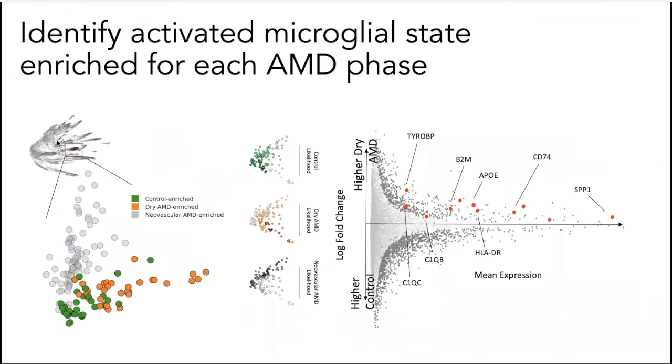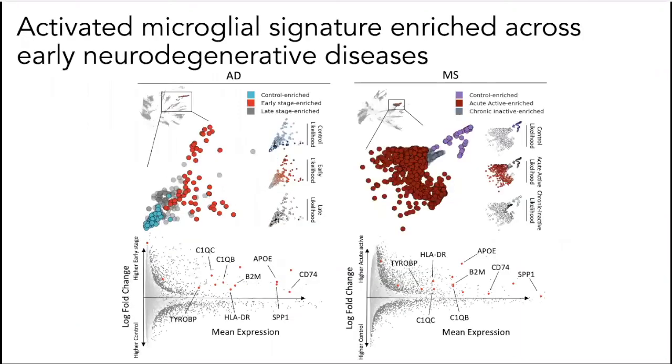So now we zoom in on our visualization and go into a finer granularity, and we've colored with MELD again. And when we color with MELD again, we see there's a subcluster that's responsible for driving the early AMD. And the very interesting thing we found was when you look just at the signatures in that subcluster, we see it replicated in Alzheimer's disease and multiple sclerosis, which are other neurodegenerative diseases.